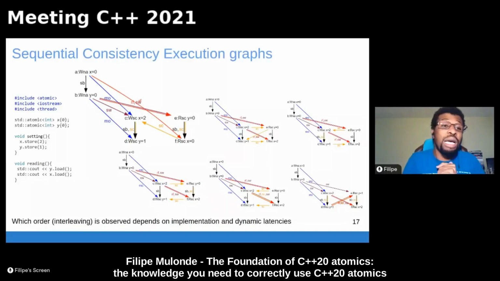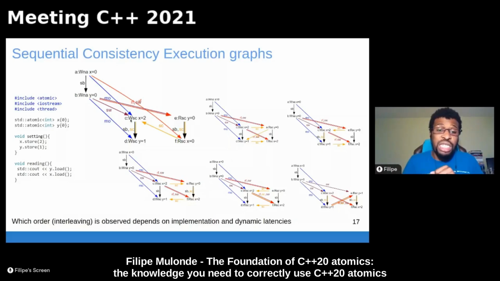And here I have an example of sequential consistency execution graphs. As I said, it is a series of talks about atomics, and the focus of today is hardware, so there is not really enough time to go through this example.